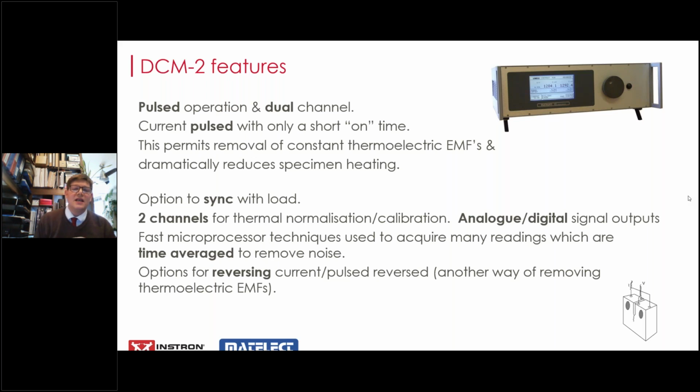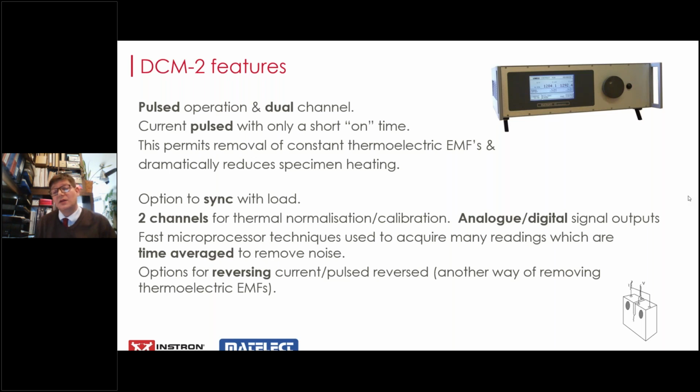Now, that's in the same order of magnitude as the voltage you would get from a thermocouple. That then causes problems with PD, with a voltage sitting on your specimen which you're saying is proportional to crack length, but it's also proportional to temperature.